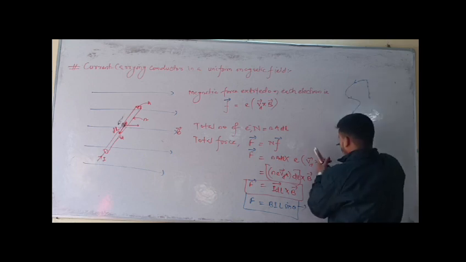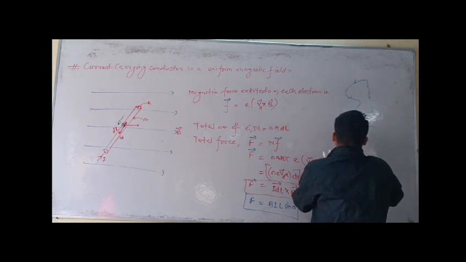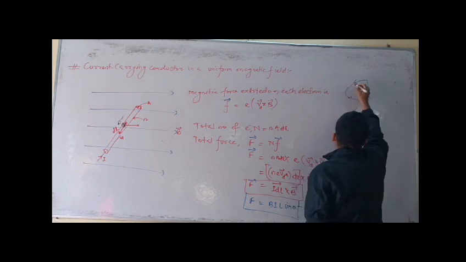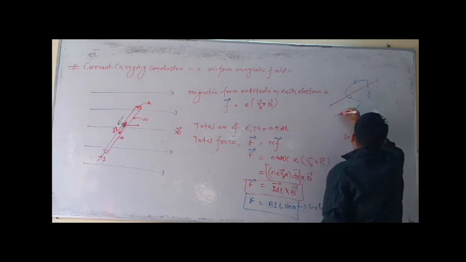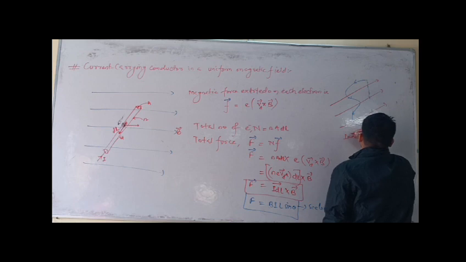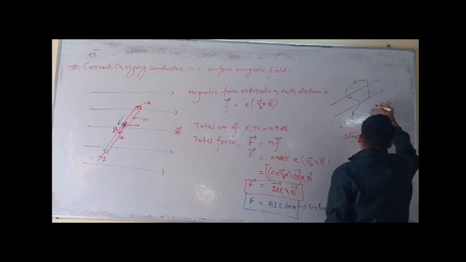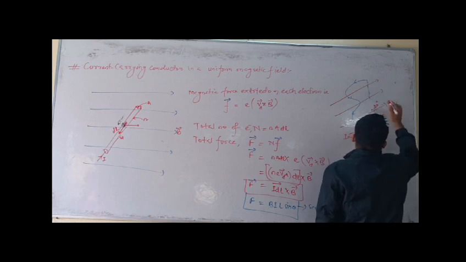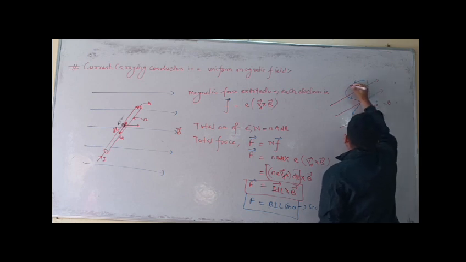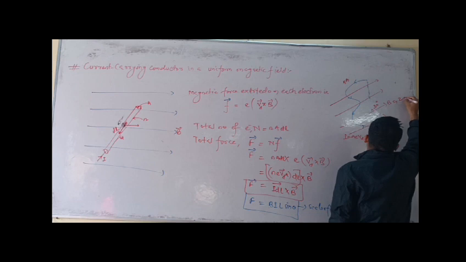And the magnetic field is moving in this direction, of magnitude B, and it makes an angle, let's say this is 30 degrees. And current is 5 ampere. B is 2 Tesla.